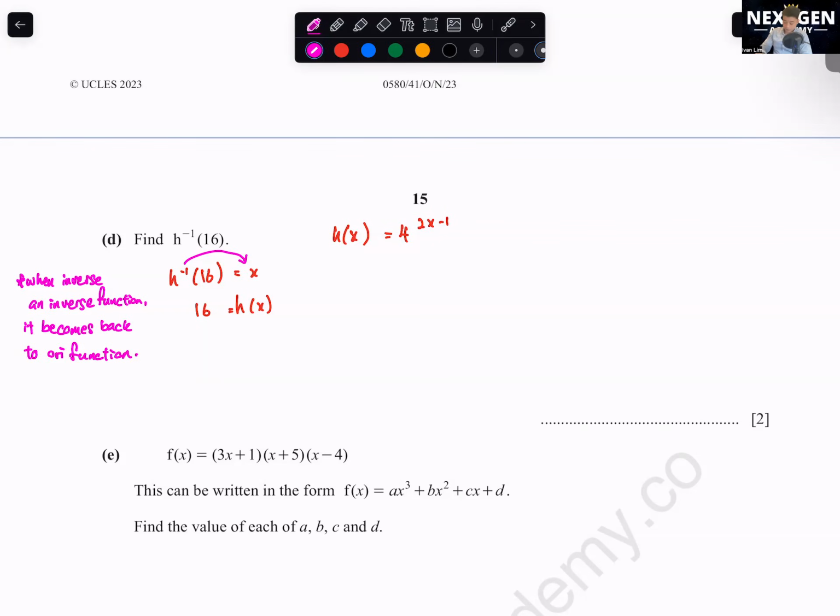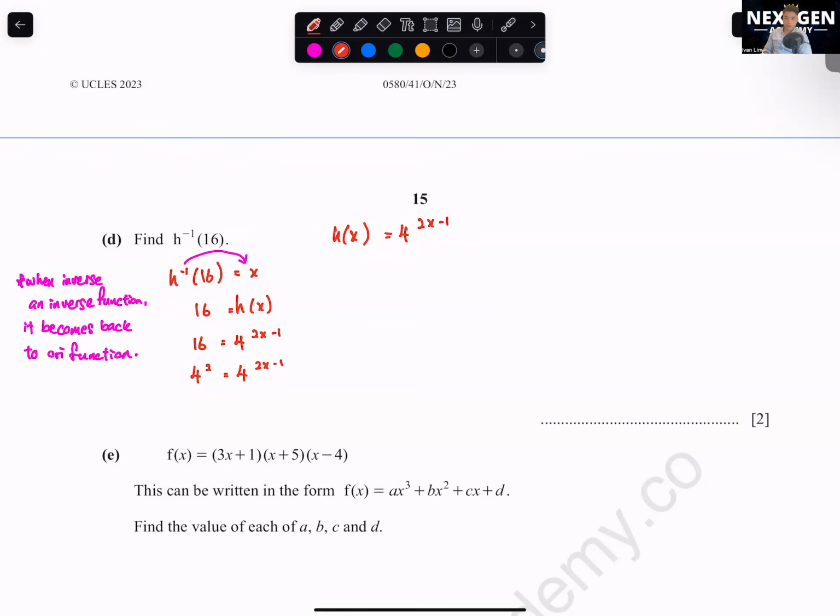So what's hx? We know what is hx, which is 4 to the power of 2x minus 1. So 16 equals 4 to the power of 2x minus 1. What's 16? 4 squared equals 4 to the power of 2x minus 1.